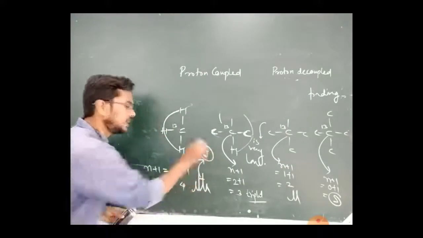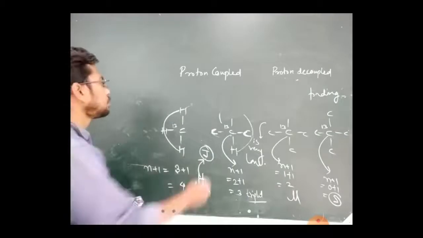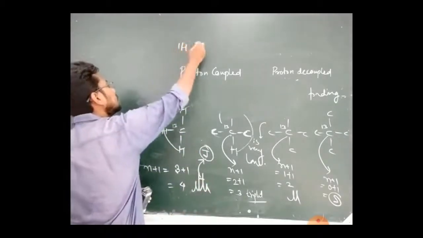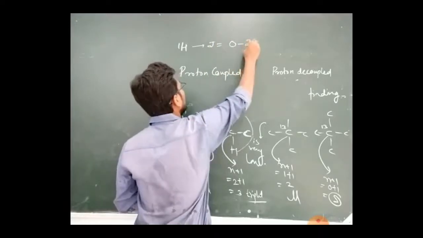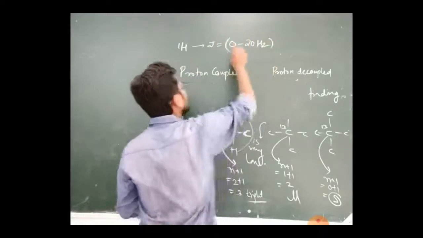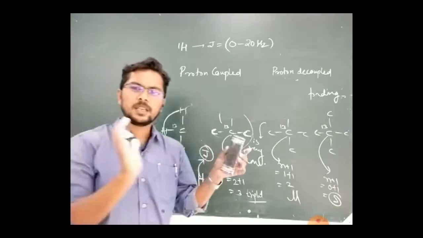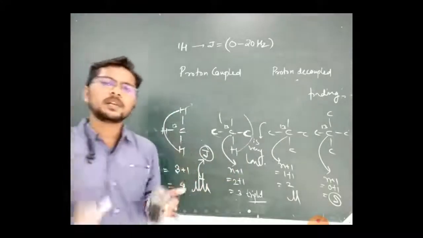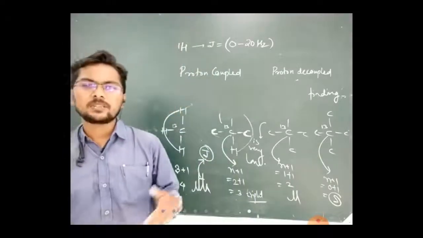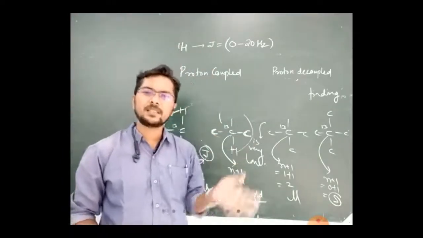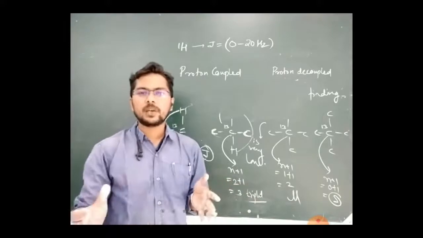Coupling constant J. Now in case of protons, we know the J value range is from 0 to 20 Hertz. The J values lie within this particular range. In some cases it is 7, in case of J trans, J cis, it is 14, 11, 12, all those ranges.